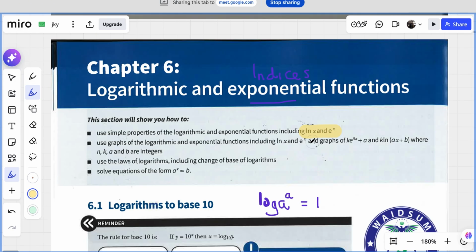We'll also be looking at the logarithm graph, which is the ln x graph, and the exponential graph, which is the indices graph, and the graphs of the differential of each of them.